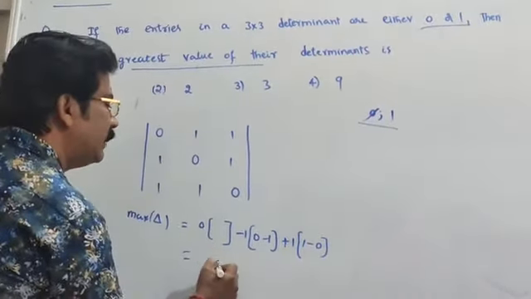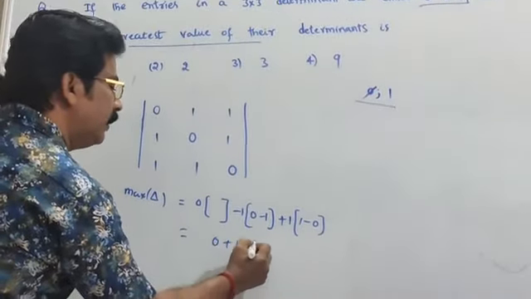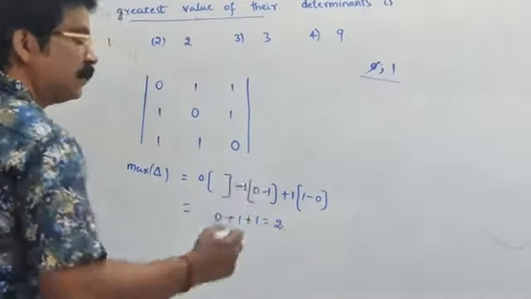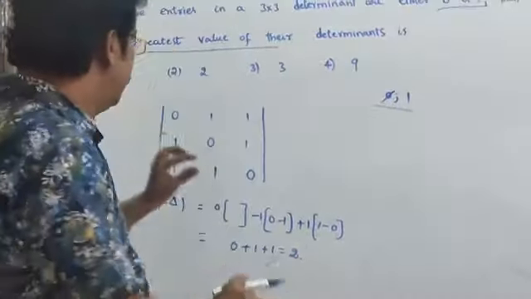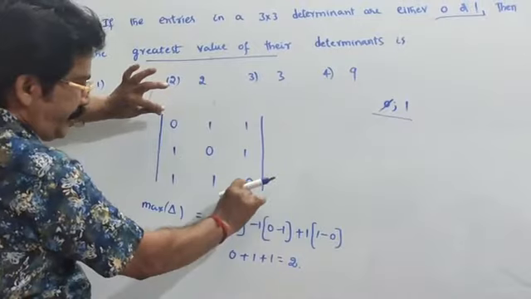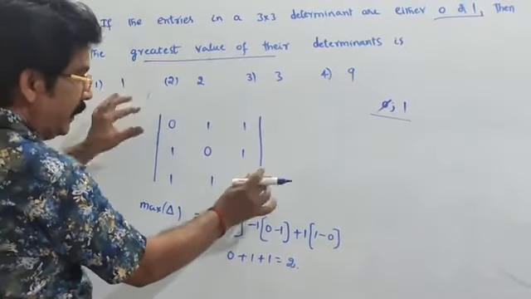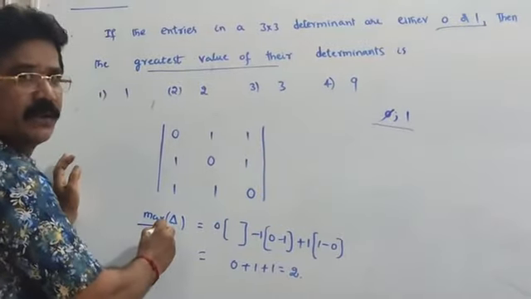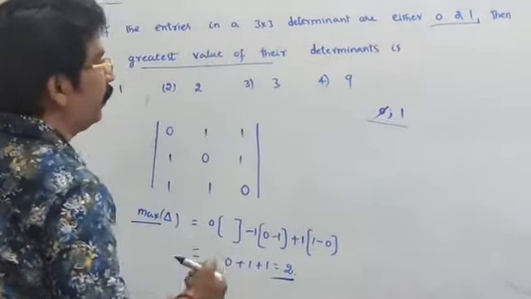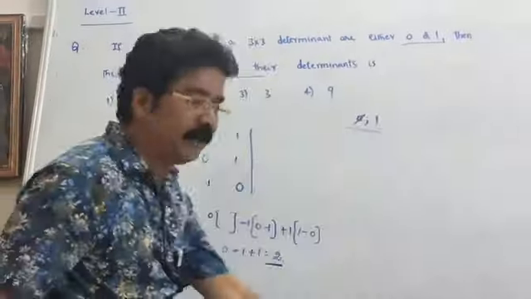That is equal to 0 plus 1 plus 1, which is equal to 2. Therefore, if we put the least numbers in the principal diagonal, then only the determinant will take the maximum or greatest value. Hence for the problem, the second option is right.